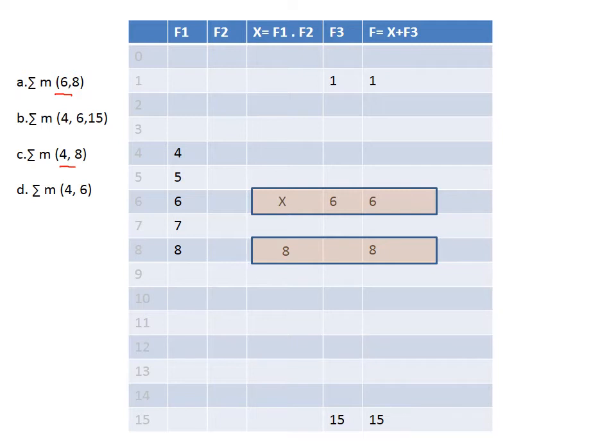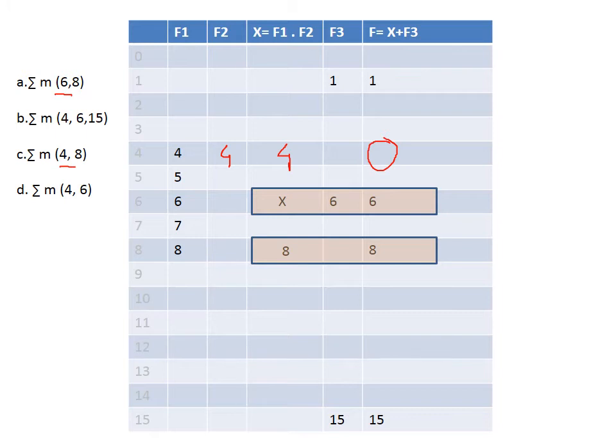Now we have to check whether it is 6, 8 or 4, 8. If you can see, 4 is not available in the answer. If 4 was here, then 4 will definitely be here because this is an AND function. AND means intersection.